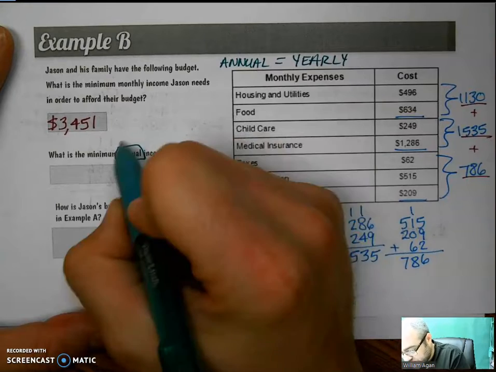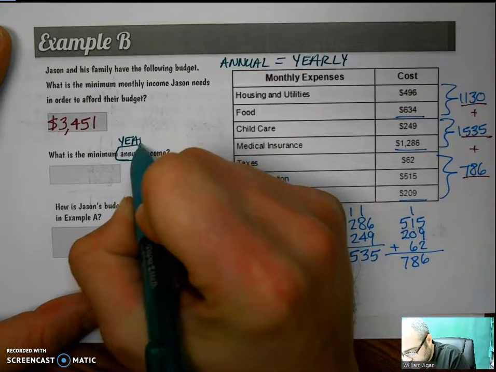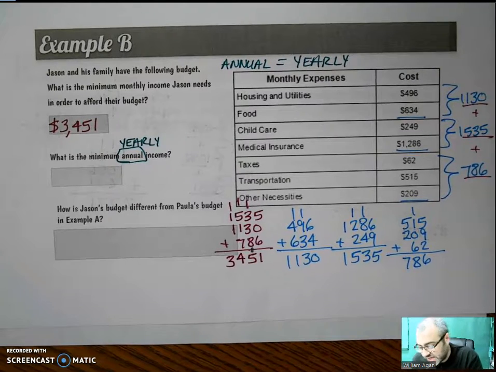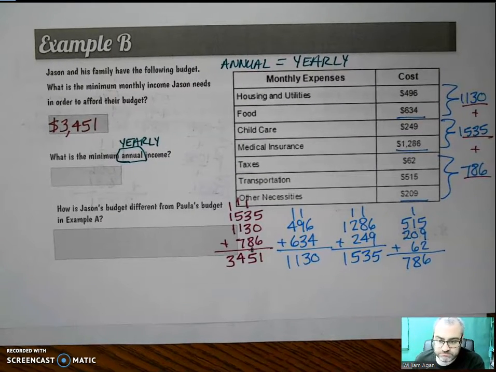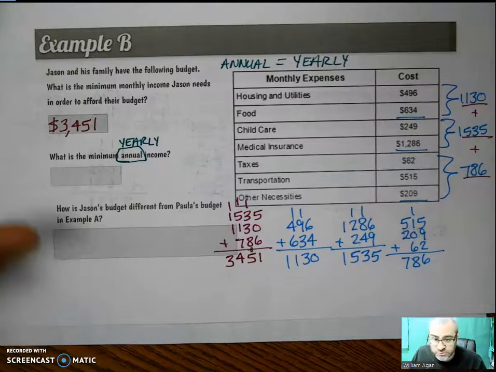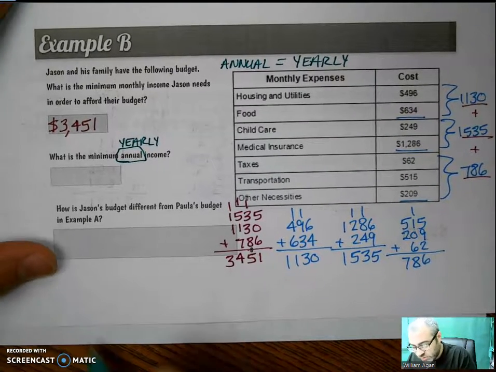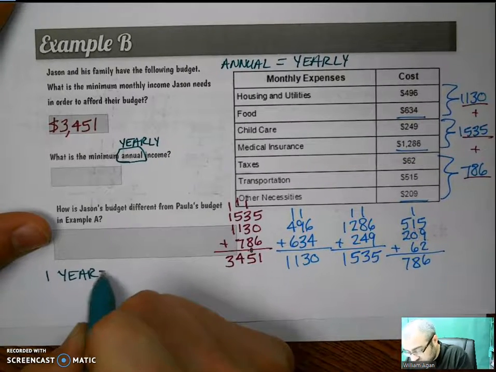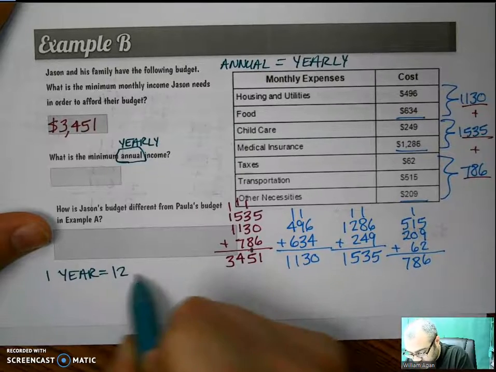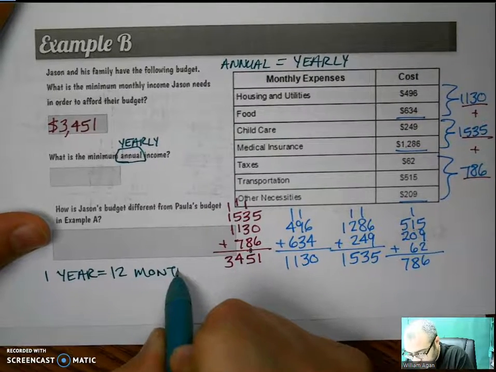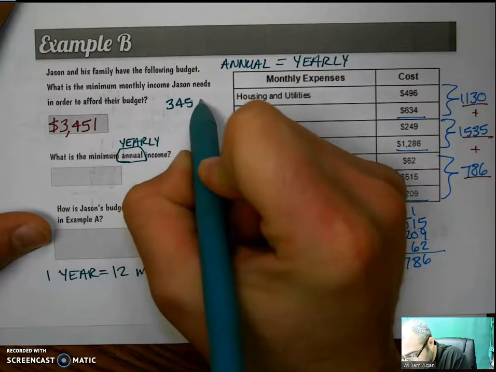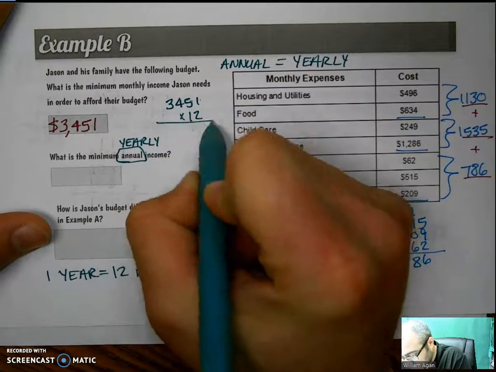So they want to know what is the minimum yearly income. So we know how much each month is. How do you figure out how much the year is? Okay, if you said multiply by 12, you are correct. Why 12? Because 1 year equals 12 months. So we take 3,451 and we multiply it by 12.